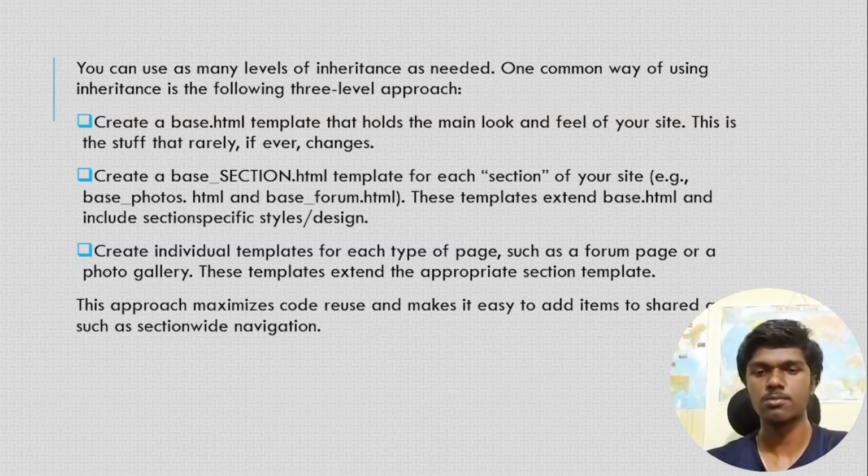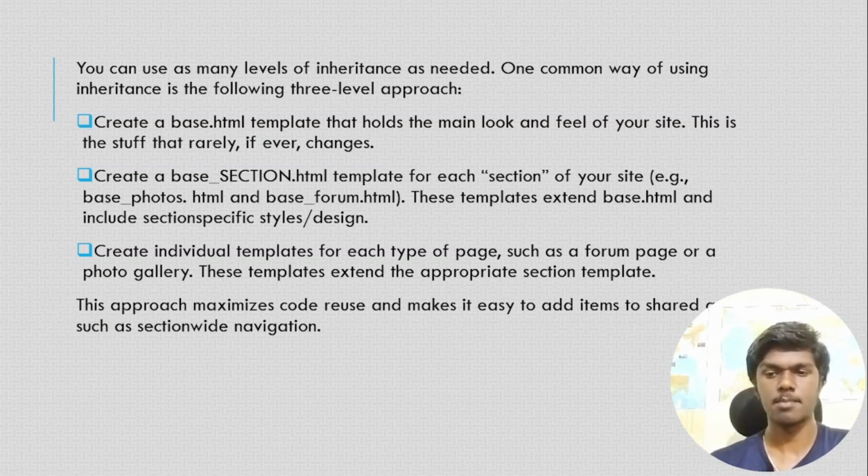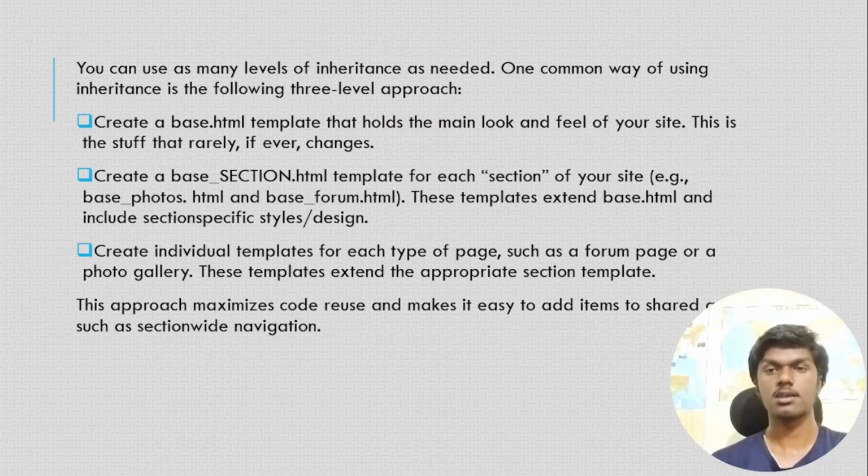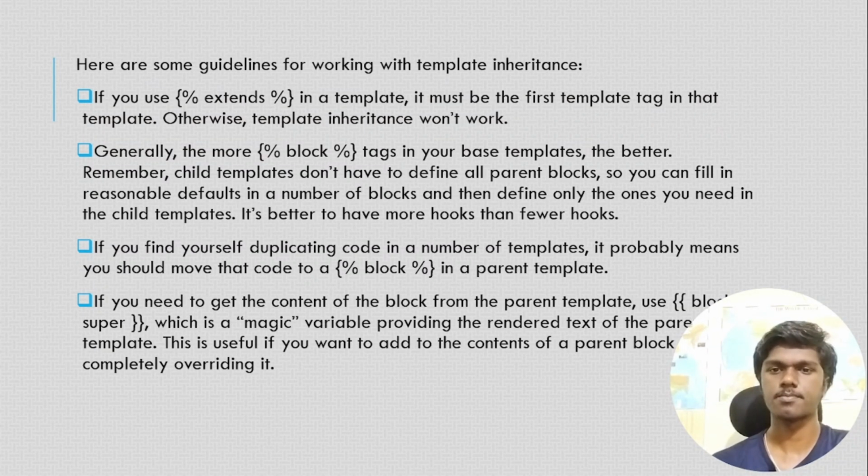So this helps you do more stuff. Create individual templates for each type of page, such as a forum page or a photo gallery. These templates extend the appropriate section template. This approach maximizes code reuse and makes it easy to add items to shared areas, such as section-wide navigation.